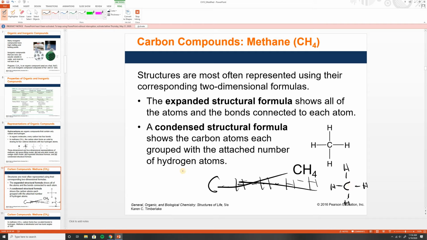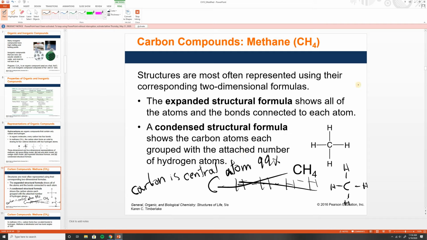Another rule of thumb is that carbon is a central atom in an organic compound 99% of the time. Mostly all the time, you're going to have carbon in the middle of whatever structure you're talking about.